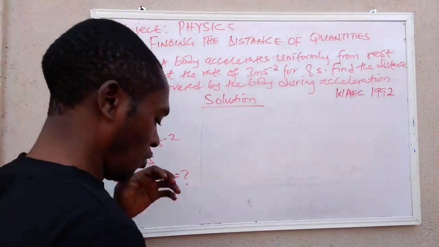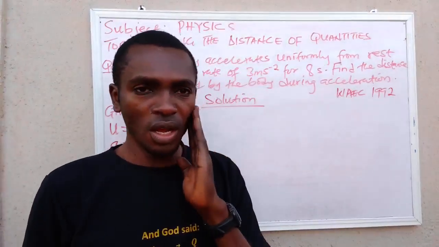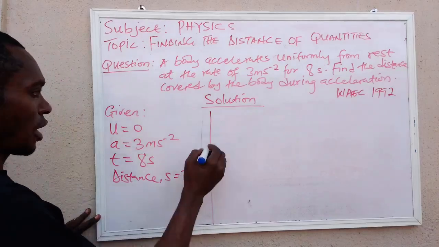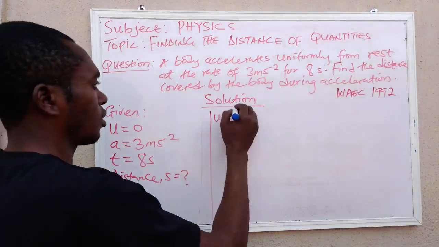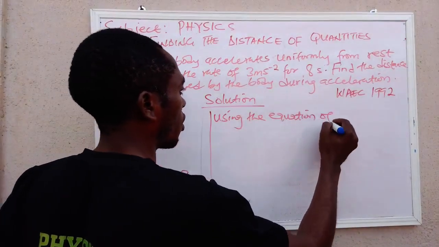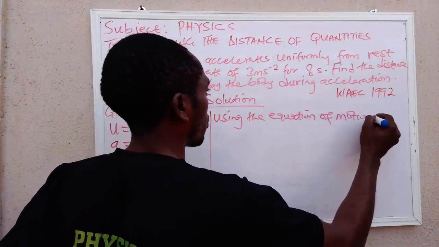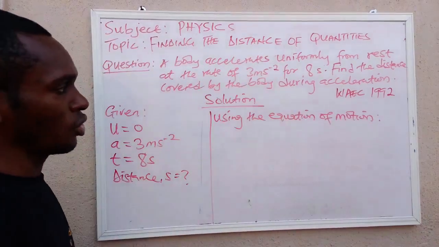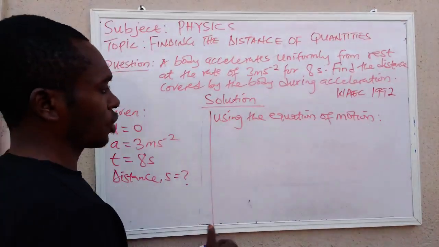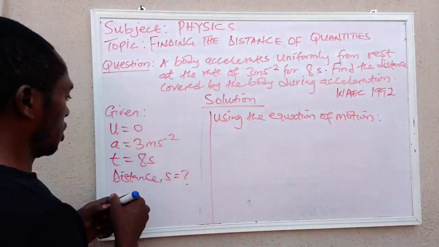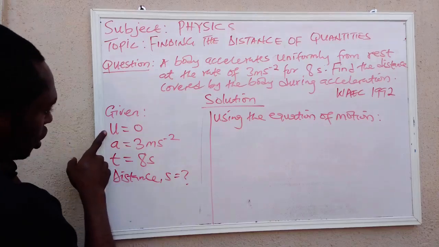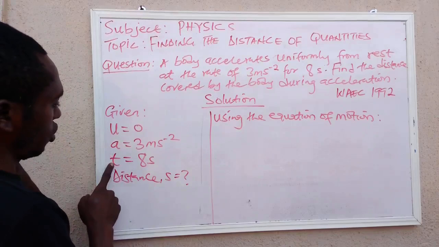So if you remember the equations of motion, we're going to write using the equation of motion. Because this is a rectilinear motion, a straight line motion, we're going to use the equation of motion where you have u given here as initial velocity, you have acceleration, you have time.